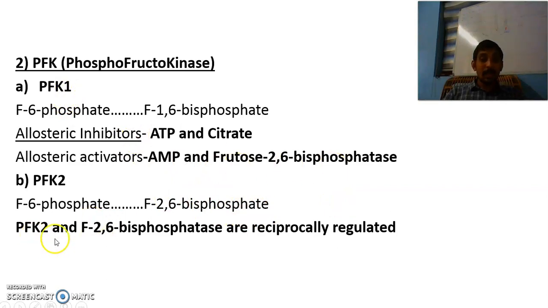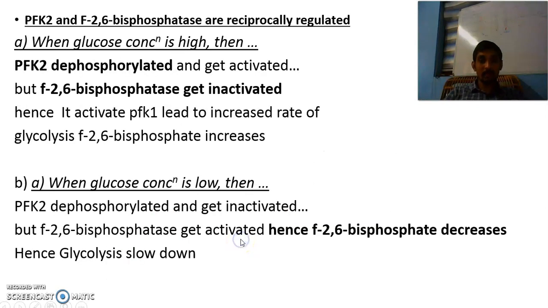And there is an enzyme which can cleave fructose 2,6-bisphosphate, called fructose 2,6-bisphosphatase. Both are reciprocally regulated.